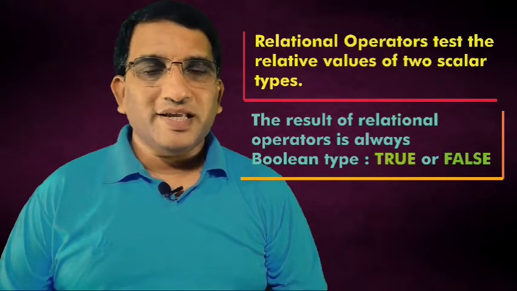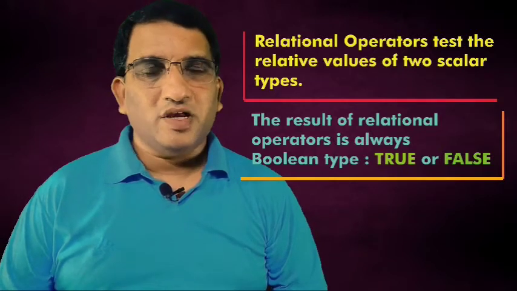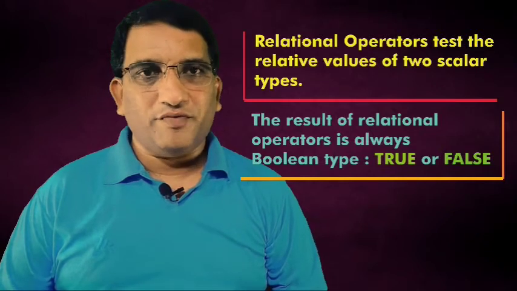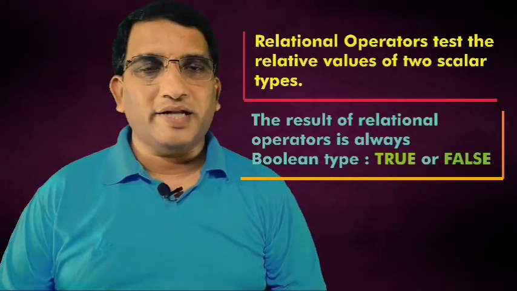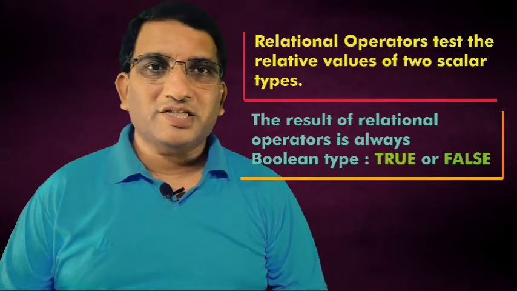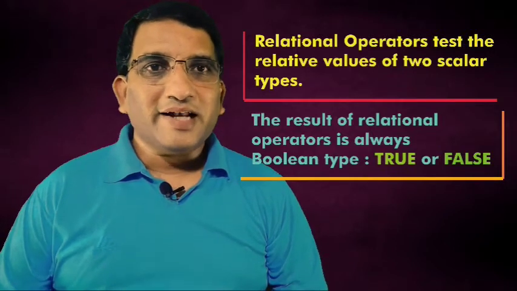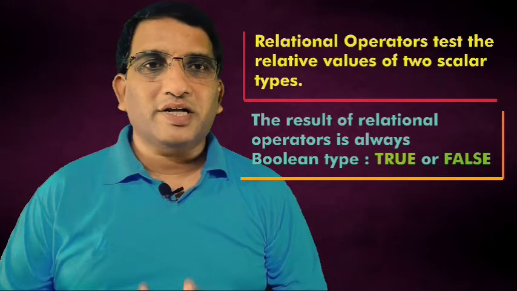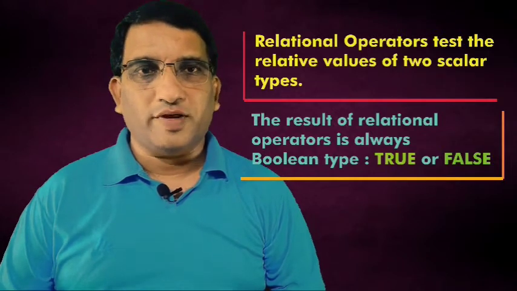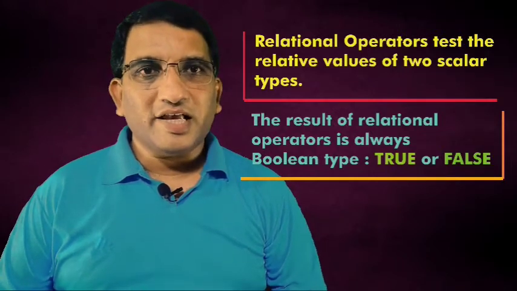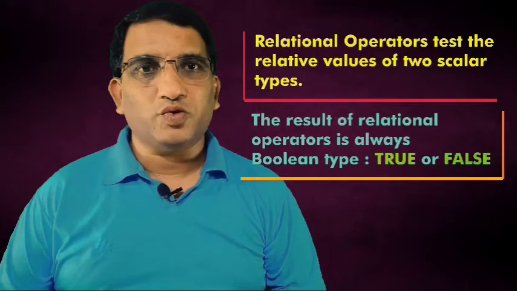So that means in these relational operators, whenever we compare the two operands by using the relational operators, that will always produce the true value or false value. So we are checking only the relationship between these two.